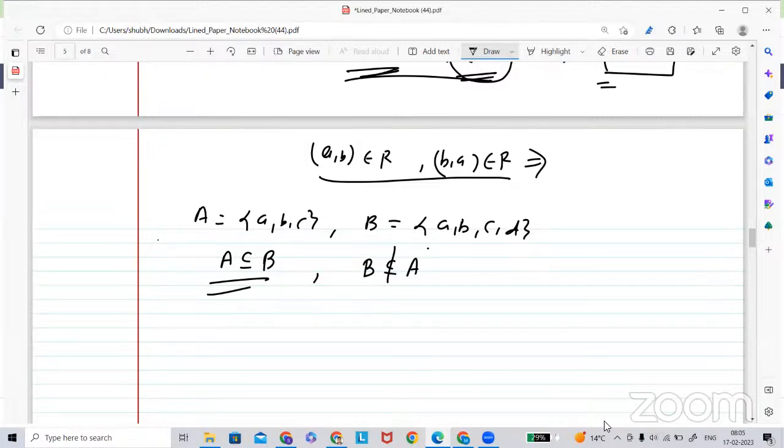Okay. So because D comma A is not there, then it cannot be symmetric, right? But D comma A will not be there in the Cartesian product also, while getting the Cartesian product of A cross B. I'm talking about the approach here: if we take a Cartesian product, then we find the relation, right?